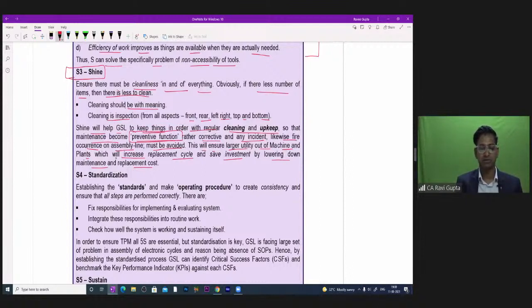Fire occurrence on the assembly line must be avoided because this is called shine, when we shine the things or clean up the things, or it is also called inspecting the things. So if we keep regularly inspecting the things, we could avoid fires.